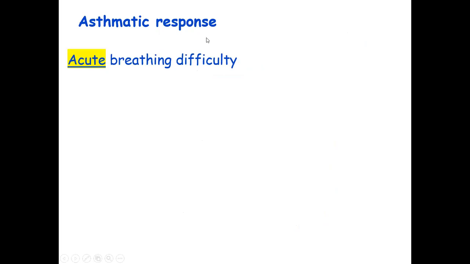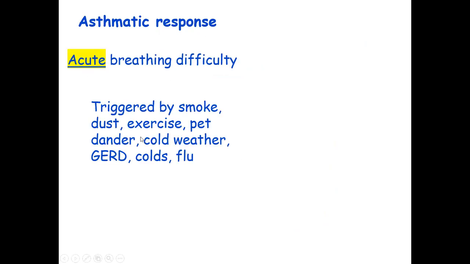So the asthmatic response is an acute breathing difficulty. It's triggered by smoke, dust, exercise, pet dander, cold weather, even gastroesophageal reflux disease, and colds and flu. With exercise, some of you may have had asthma. A lot of times it's real common for children to have asthma and then they just grow out of it as they get older.